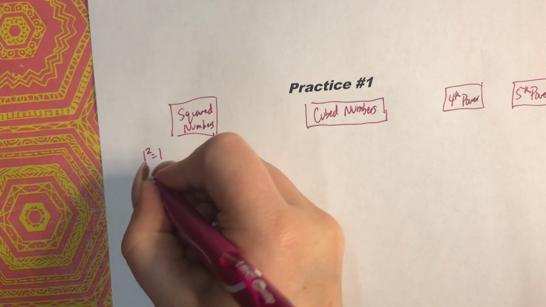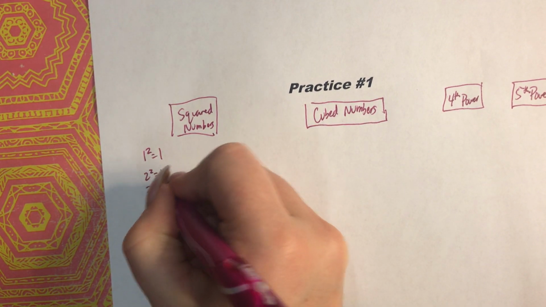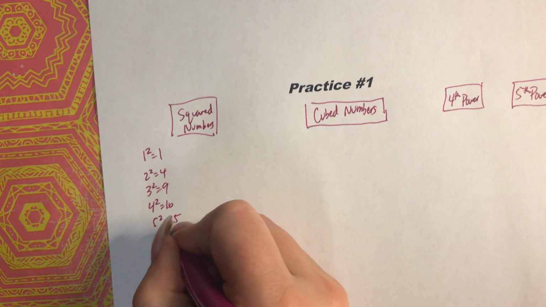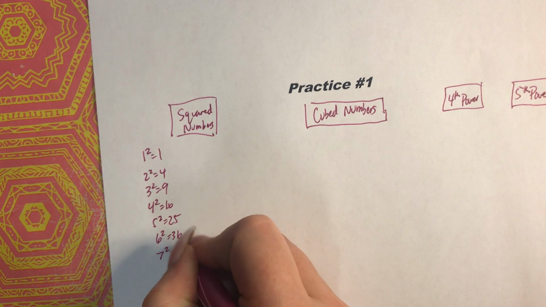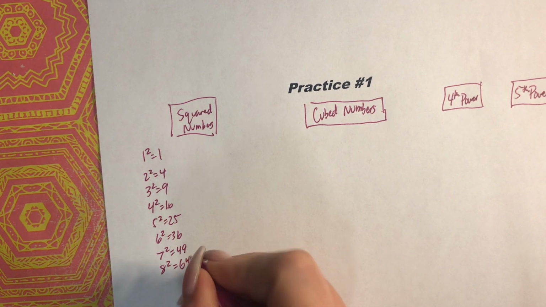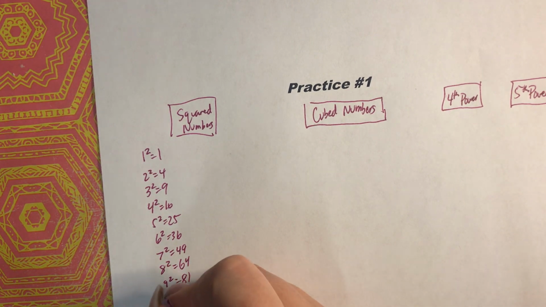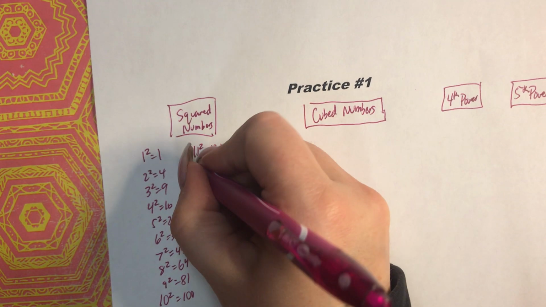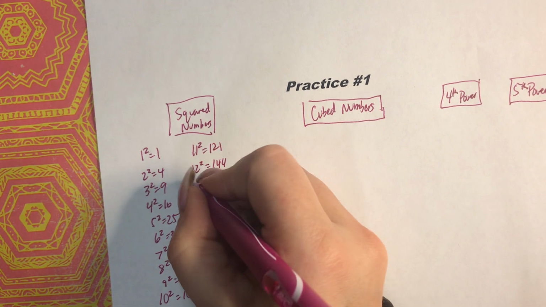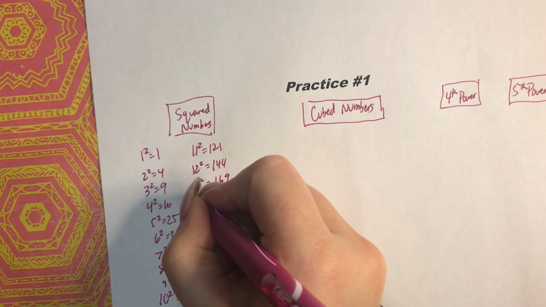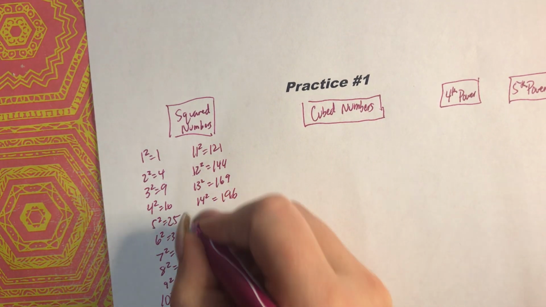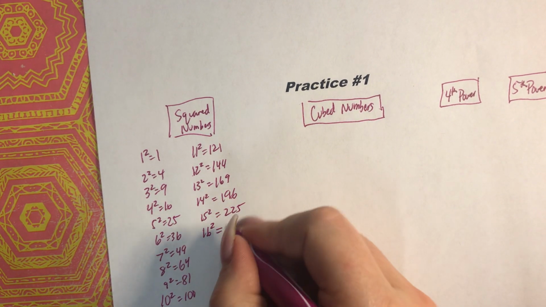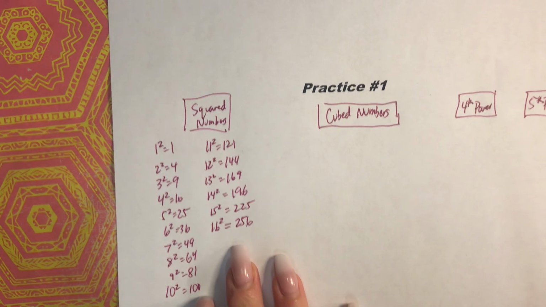Okay, 1 squared is 1, 2 squared is 4, 3 squared is 9, 4 squared is 16, 5 squared is 25, 6 squared is 36, 7 squared is 49, 8 squared is 64, 9 squared is 81, 10 squared is 100, 11 squared is 121, 12 squared is 144, 13 squared is 169, 14 squared is 196, 15 squared is 225, 16 squared is 256. That's it. That's as high as we're going for the squared numbers.